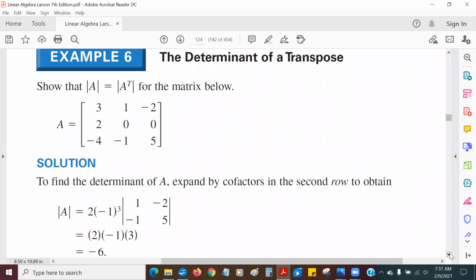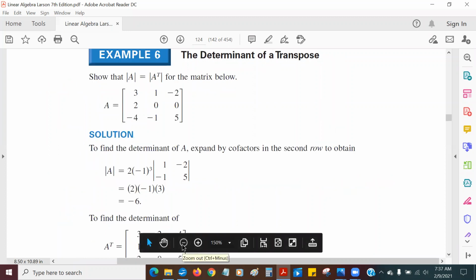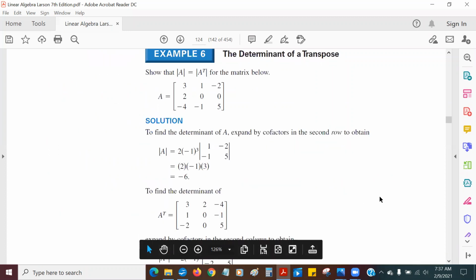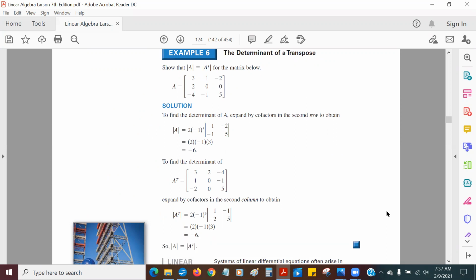Let me go through this smaller so I can fit it all on one page. Okay, so the determinant of A is going to be this stuff right here.